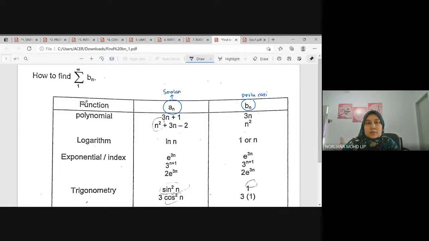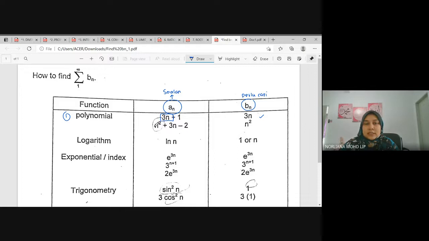Okay, so we look at the function. Okay, first is polynomial. If given an is equal to 3n plus 1, so bn is equal to 3n. Kita ambilnya higher degree lah untuk an ni. So higher degree dia 3n kan. Kita ambil, so bn is equal to 3n.